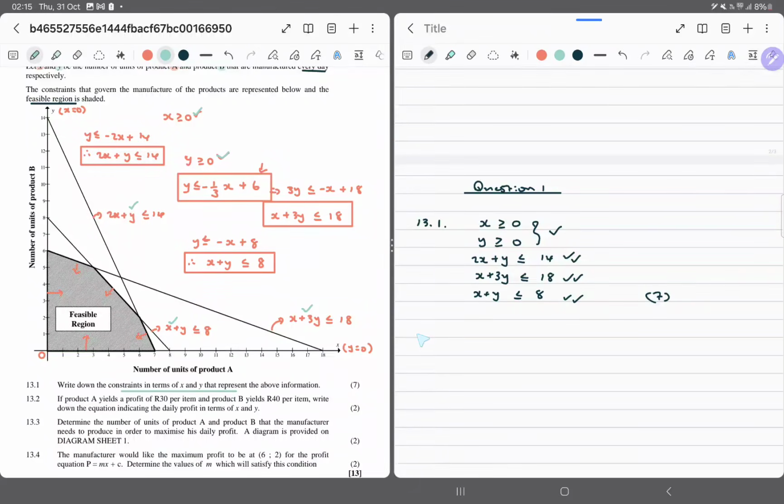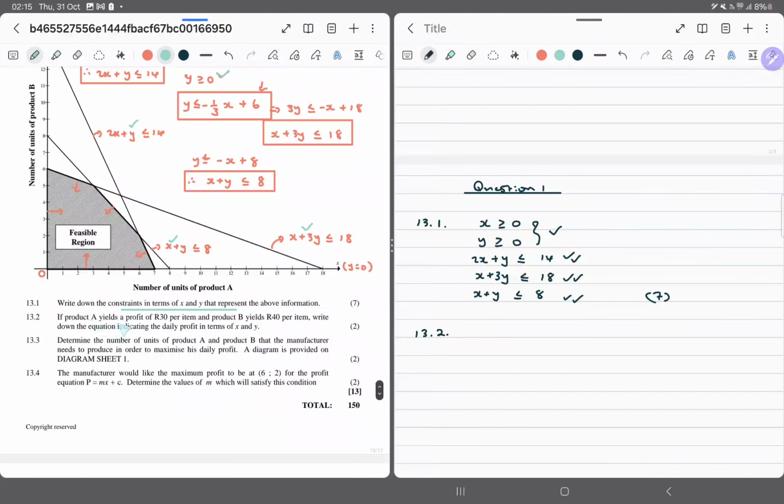Okay. So 13.2. It says now if product A yields a profit of 30 rands per item and product B yields 40 rands per item, write an equation indicating the daily profit. This is easy. Profit is going to be 30 times x plus 40 times y.